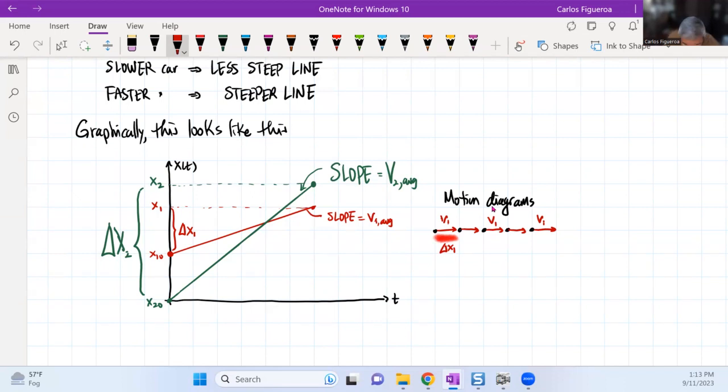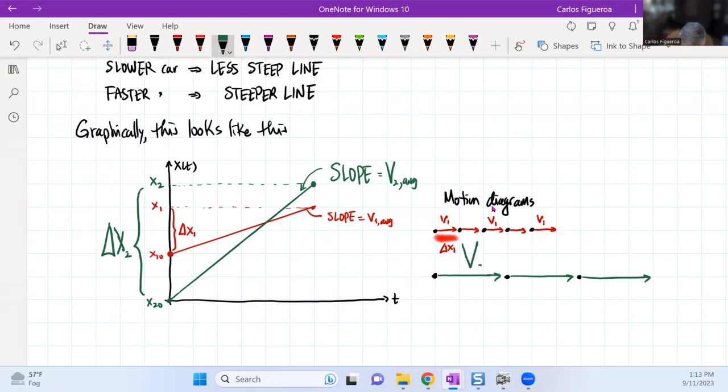On the other hand, I could have intervals like this. Oops, wrong color. Let's say I look at something like this. This is clearly a higher speed because I'm covering a larger distance.